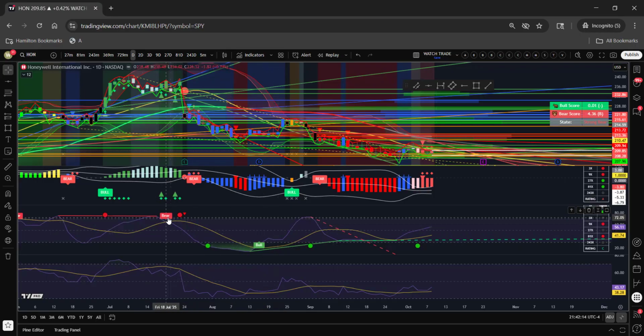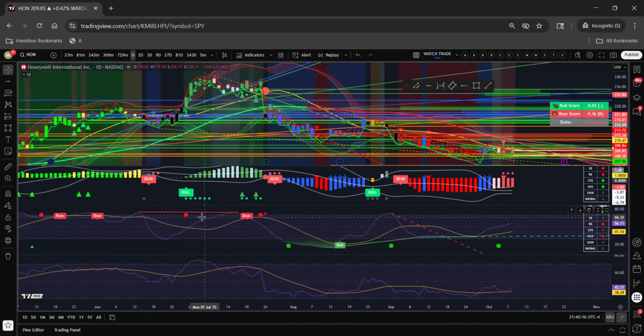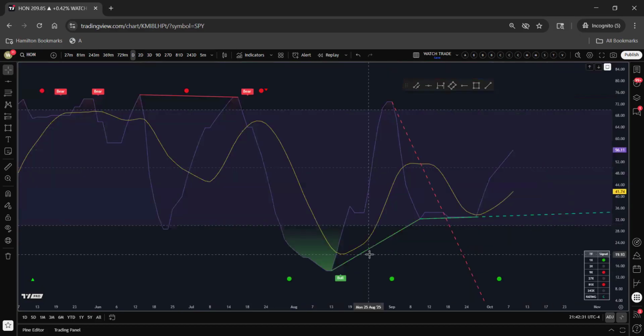So the machine learning trades for this indicator are the circles. These are the AI trades. These bear and bull labels, you'll only see these at tops.